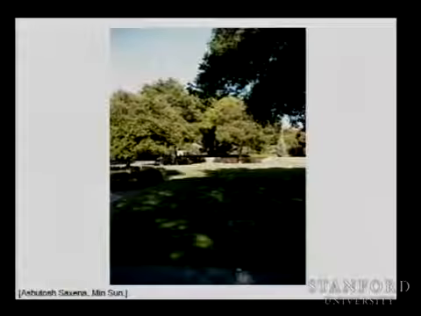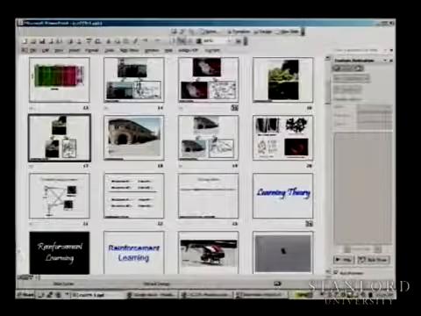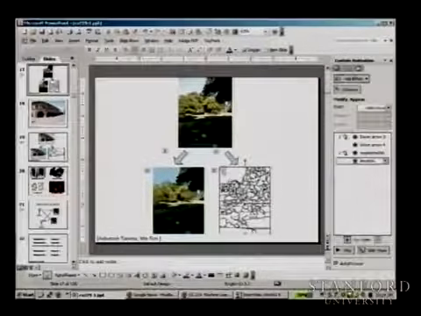This is a rather cool one that two students, Ashutosh Saxena and Min Sun, did, which is given an image like this. This is actually a picture taken on Stanford campus. You can apply that sort of clustering algorithm and group the picture into regions. Let me blow that up so that you can see it more clearly.